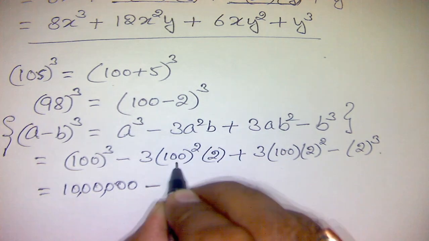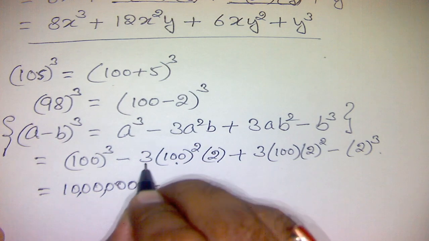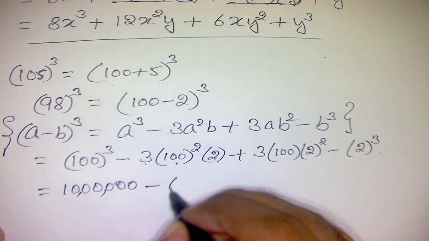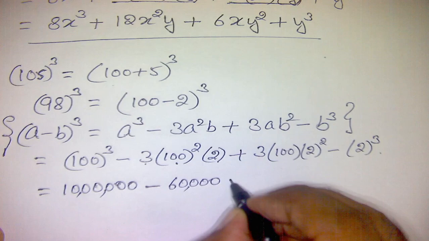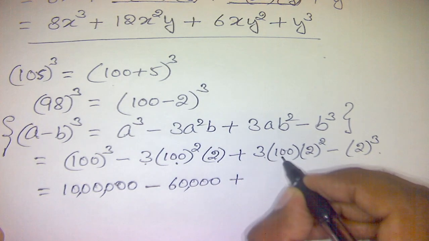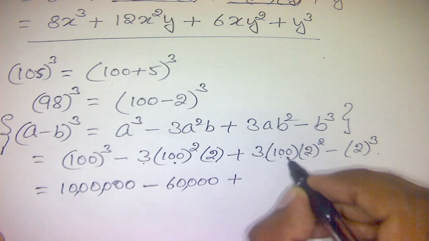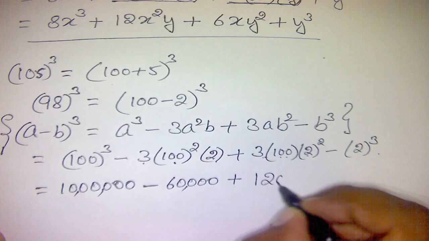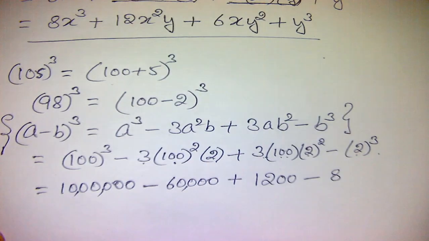Minus, now square of 100 is 10,000. 10,000 when multiplied by 3 and multiplied by 2, you will get 60,000, plus 3 into 100 is 300 multiplied by square of 2. Square of 2 is 4. So 300 multiplied by 4 is 1200, and minus cube of 2 is 8.